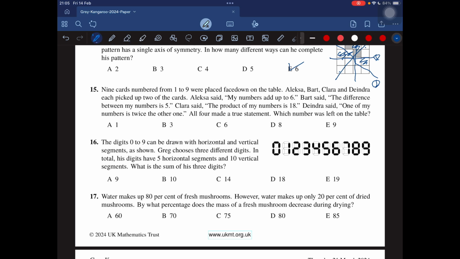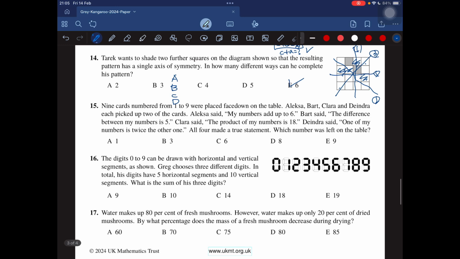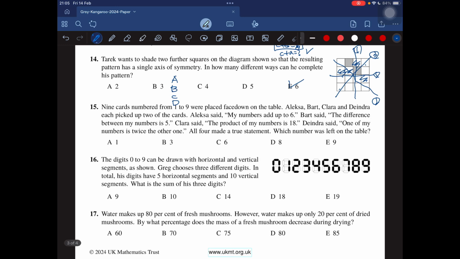A, B, C, D. So A adds up to 6, so 1 and 5, or 2 and 4. And B, the difference between my numbers is 5.